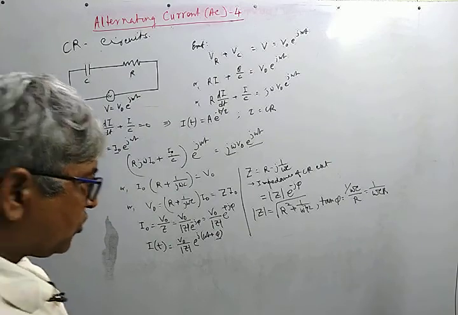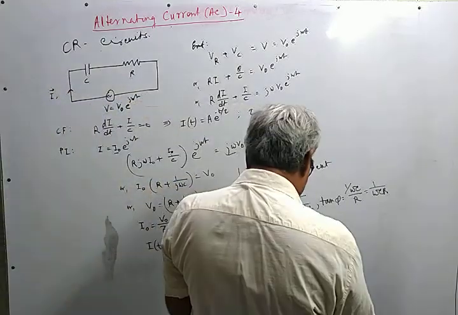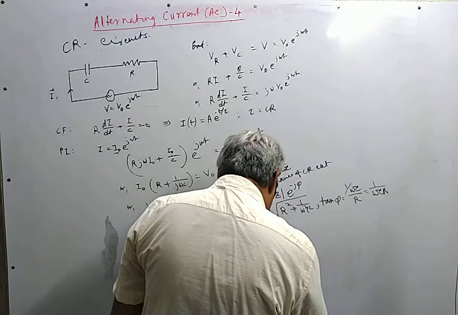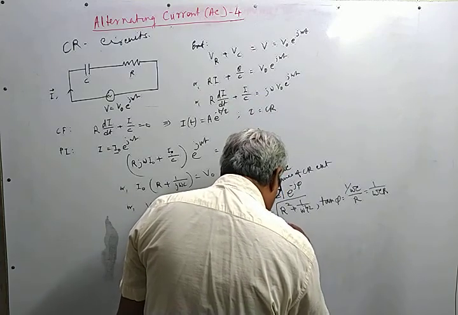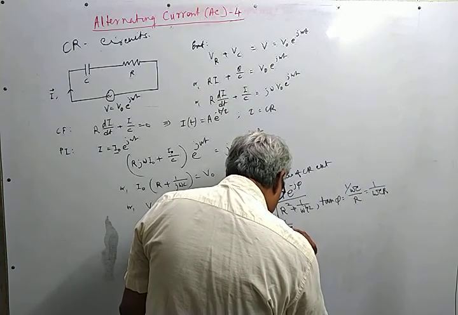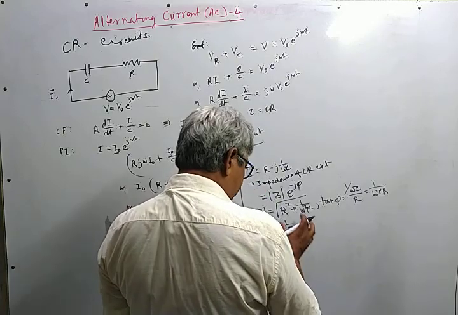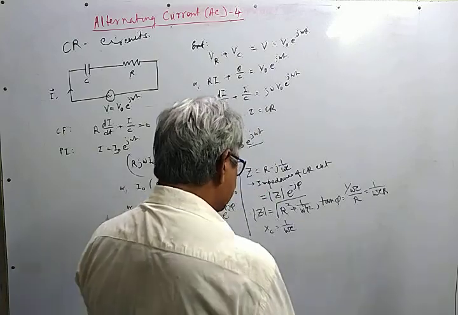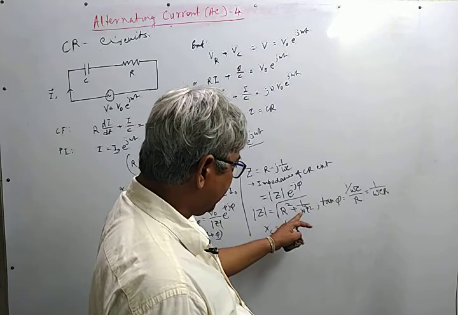We can also write this equation in terms of Xc. One defines Xc, the reactance of the capacitor, as thus. So Z can also be written in terms of Xc; simply this is the square root of R square plus Xc square.